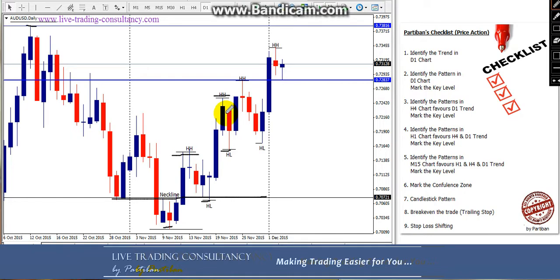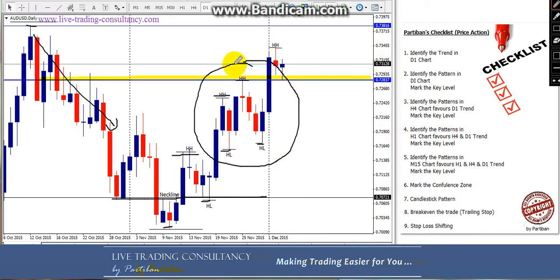In the daily chart it's an uptrend, and it's penetrating. You see, the market is entering this region, and over here it's forming an uptrend setup with a higher high and a higher low. This is the sign in H4 that it's going to break and form this push.